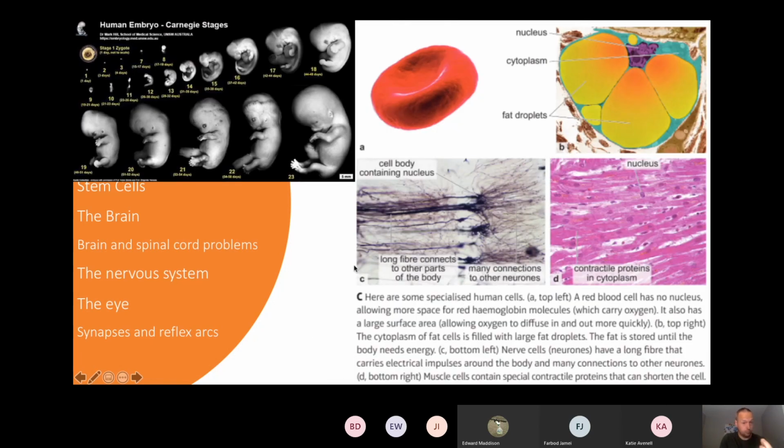Right, another thing that comes up on this page in the textbook, and it's not really mentioned again, is the idea of differentiation, another keyword. So the embryo, the human zygote, that's made of one cell. When it's split to 8 cells, when it's split a ball of cells, them cells don't really look like anything special.